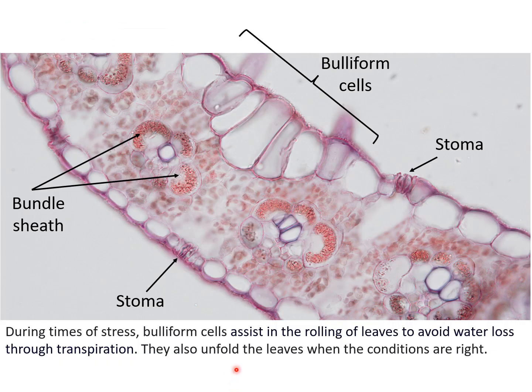In the laboratory, you have to study the permanent slide of the cross-section of corn leaf, and corn leaf has many special structures. For example, bulliform cell. Here, this is the bulliform cell or motor cell, and this is the stoma.